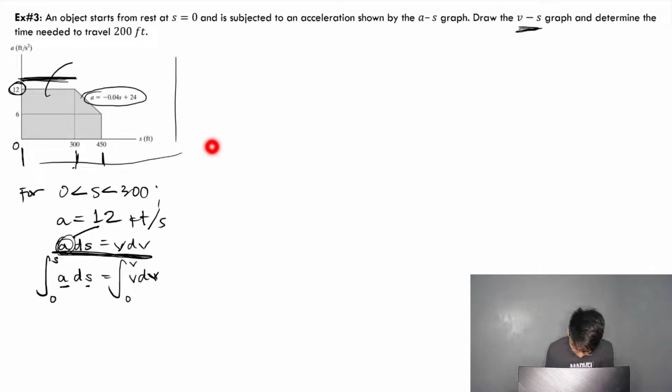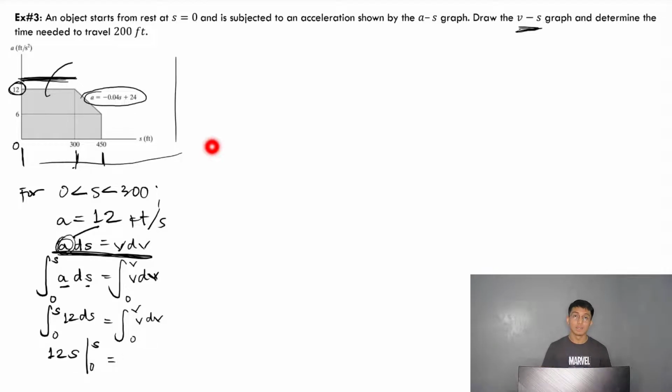Now, solving. Acceleration is equal to 12, so 12 na agad ito. 12 ds from 0 to S is equal to the integral of velocity dv from 0 to V. So, integrating, ilabas natin yung 12 and the integral of ds is simply S na lang, limits from 0 to S. And then, the integral of V, so we have V squared over 2, limits from 0 to V. We are solving for the velocity.